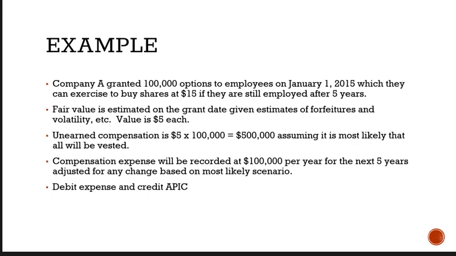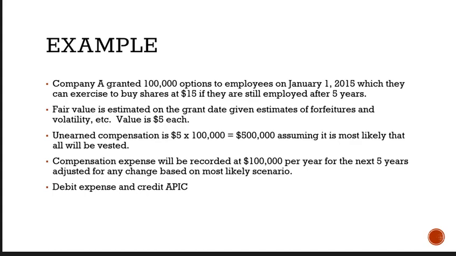The unearned compensation will be $500,000, which most of the time is not recorded at the beginning, but only over time. Assuming it is most likely that all will be vested, meaning you consider who might leave your company and how many that will be in estimating that, compensation will be recorded at $100,000 per year for the next 5 years, adjusted for any change based on the most likely scenario, such as if anything changes in how many people have left the company.